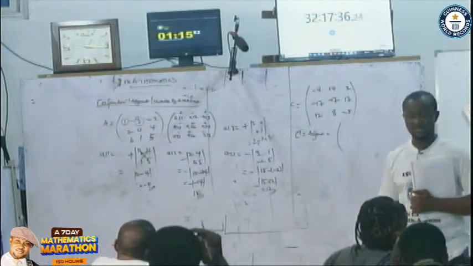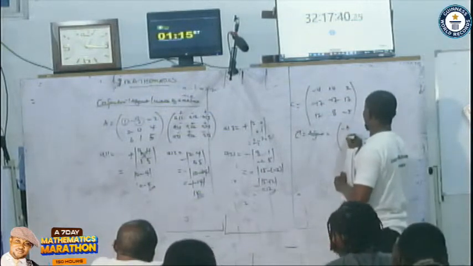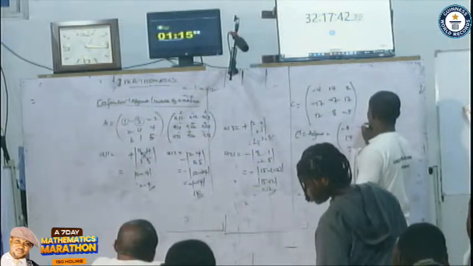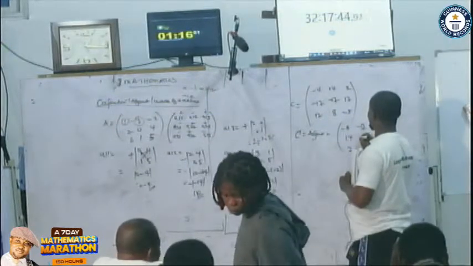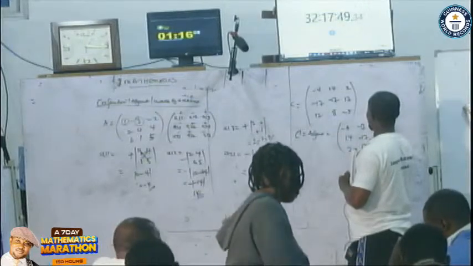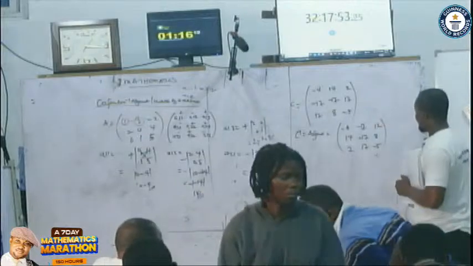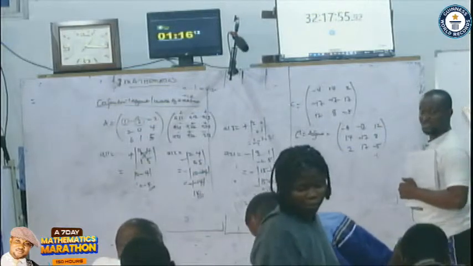Are you following me? So this place will now be minus 4, 14, 2, minus 17, 17, 17, 12, 8, minus 5. So that's what we call the adjoint.